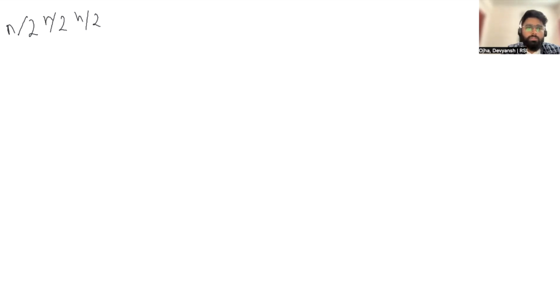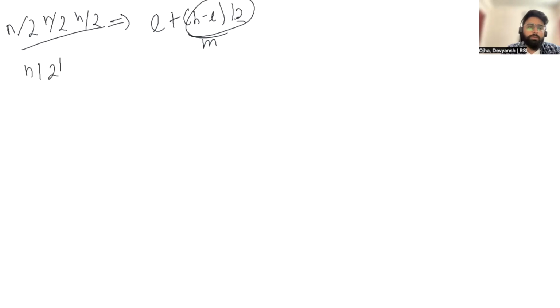Don't be confused with this part, L plus (H minus L) by 2. Approximately this part we are considering as n. You could take it as some other value like m also, but I'm just considering it as n. So n by 2, n by 2, so it goes around n by 2 to the power k.